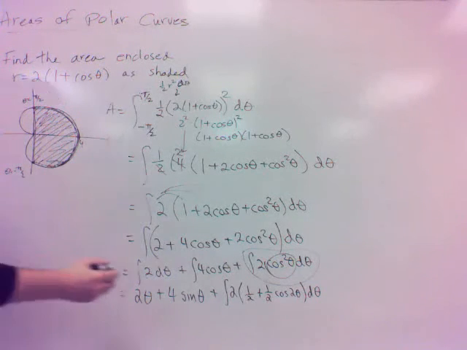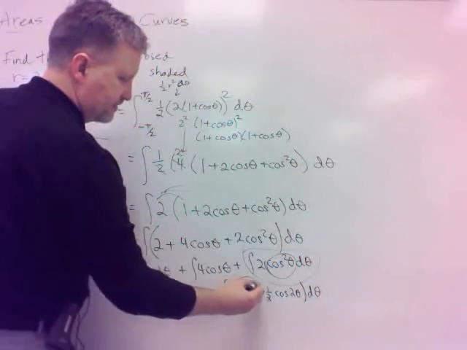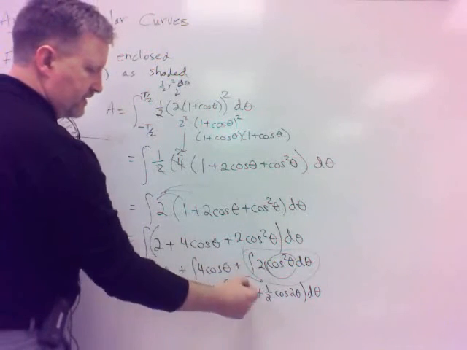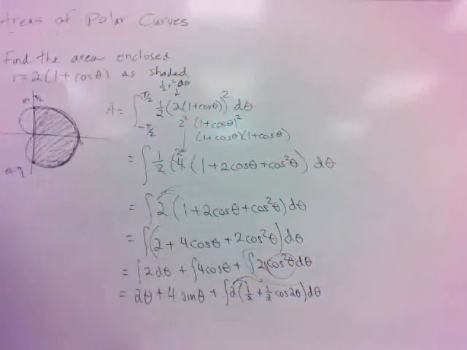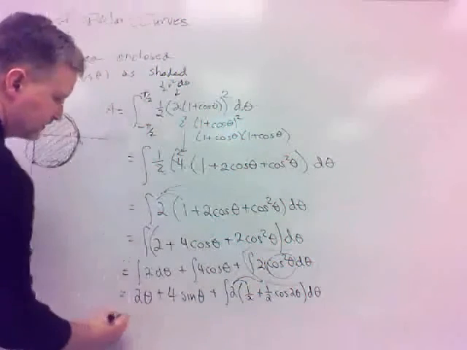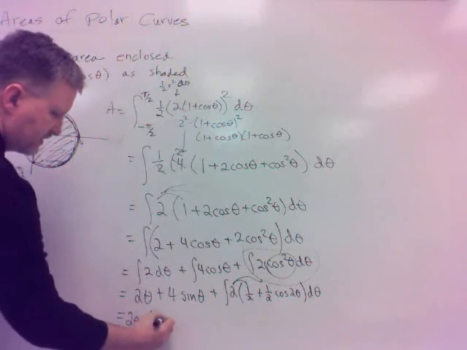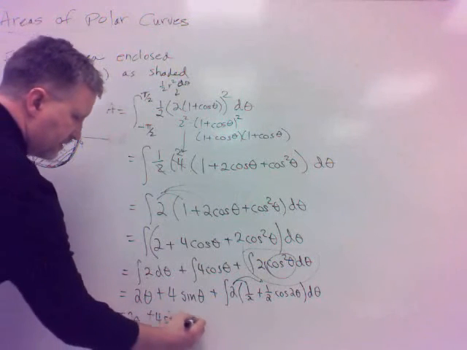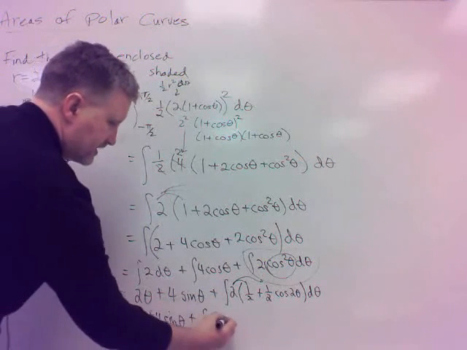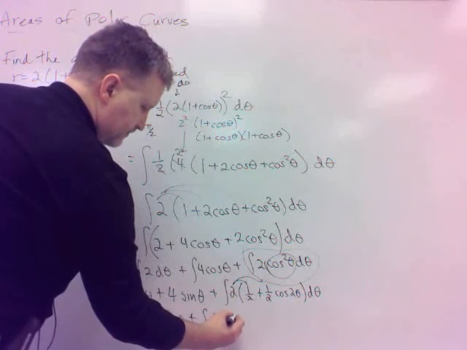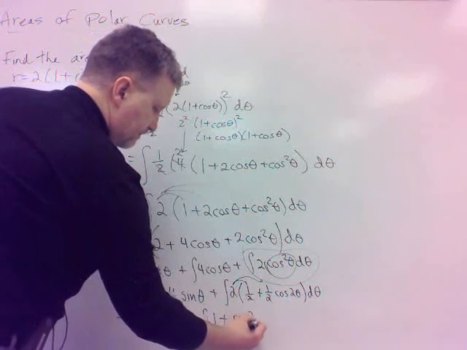Well, the good news there is with the 2 distributed, I've got that 2 on the outside, so 2 times that will give me 1, and 2 times that will give me 1. So it's just going to be 2 theta plus 4 sine theta plus the integral of 1 plus cosine 2 theta.